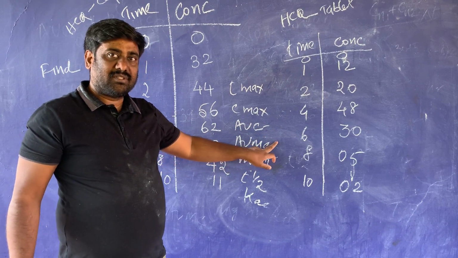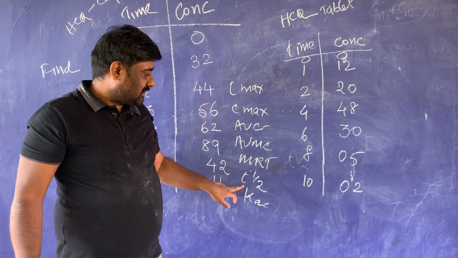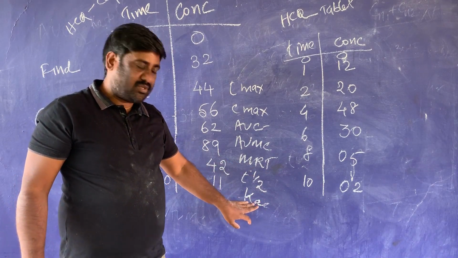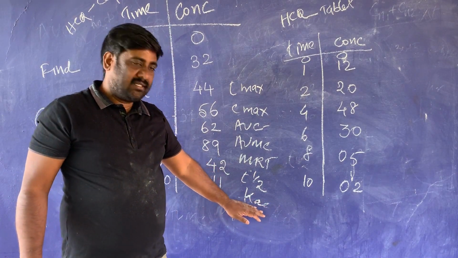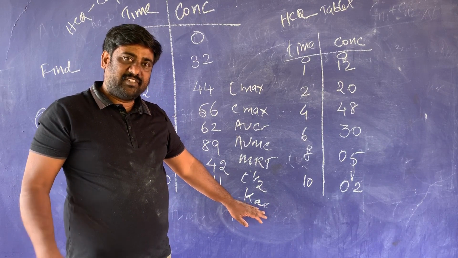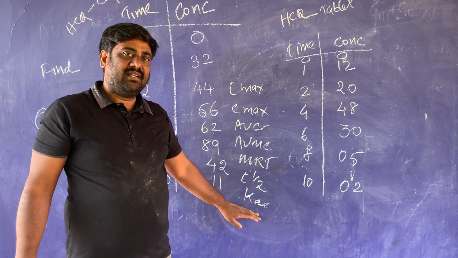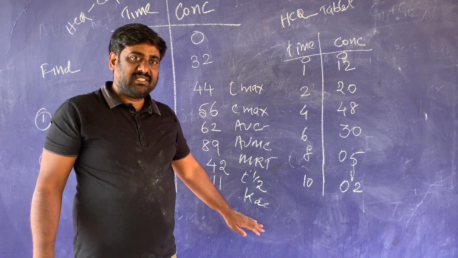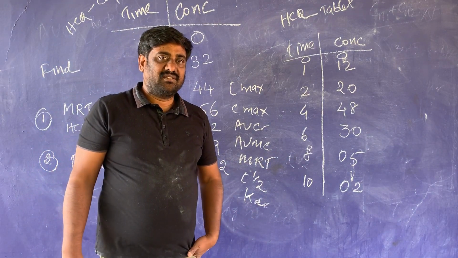AUMC is microgram hour square per liter. MRT is time, maybe second, minute or hour, and T half is time. The absorption rate constant is time inverse. Likewise, we can plot a graph of elimination concentration against time, and we can calculate the elimination rate constant. So we will finish this today, and we'll see the rest of the parameters and other topics in the next class. Thank you very much.